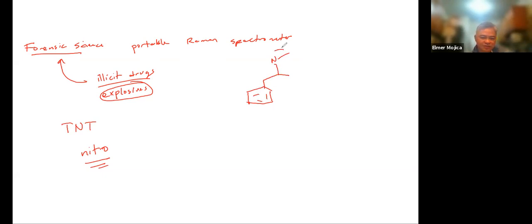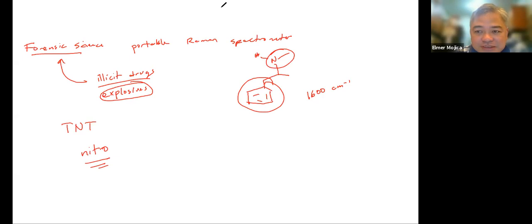So we're looking for this one in the 3500 region because meron yang H. And then this one around the 1600 region. So that's, I think, the possible explanation that I can see for this method. And you can use it there in the Philippines.